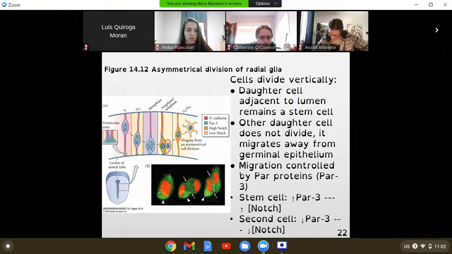So the migration of cells is regulated by PAR proteins. You see that is what is normally specifying here. So PAR is responsible for the migration of the cells and the cerebrospinal fluid. So during mitosis, this PAR that is illustrated with the green color becomes concentrated in one of the daughter cells.